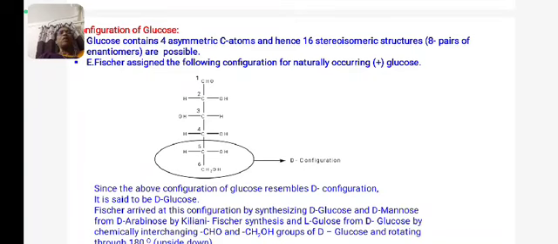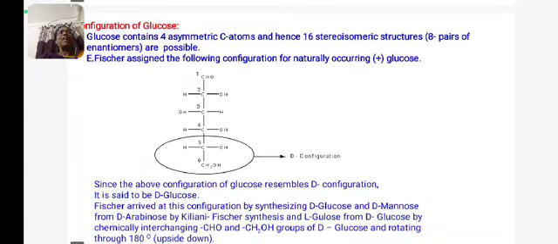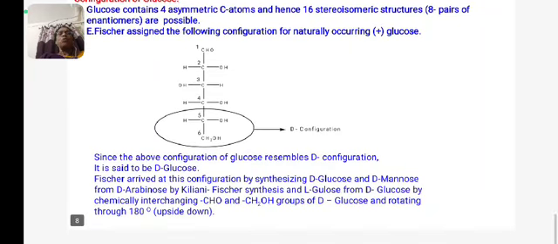Fischer assigned the following configuration for naturally occurring glucose, in which the 5th carbon atom, that is the carbon having the primary hydroxyl group, has hydrogen on the left hand side and hydroxyl group on the right hand side. This configuration corresponds to D configuration. Since the above configuration of glucose resembles D configuration, it is said to be D-glucose.